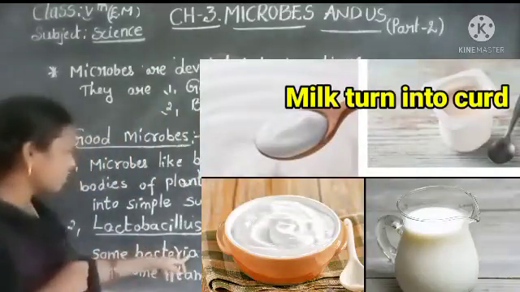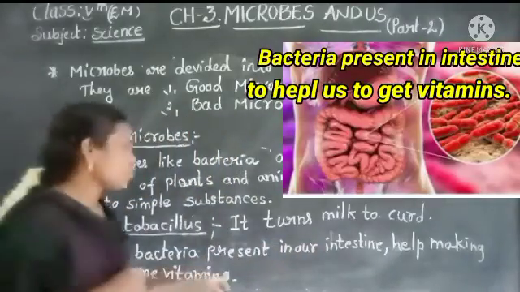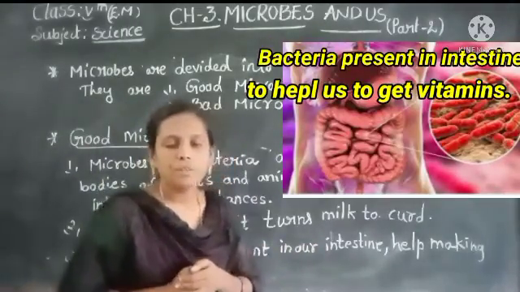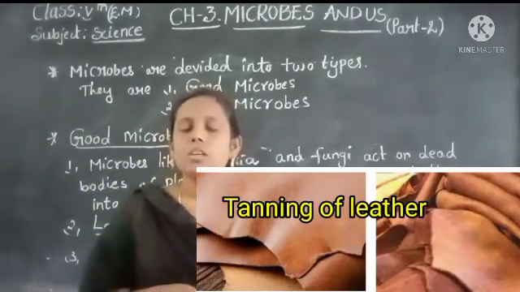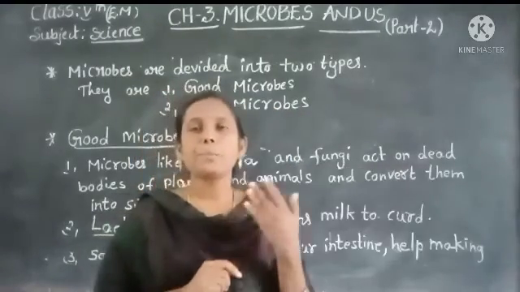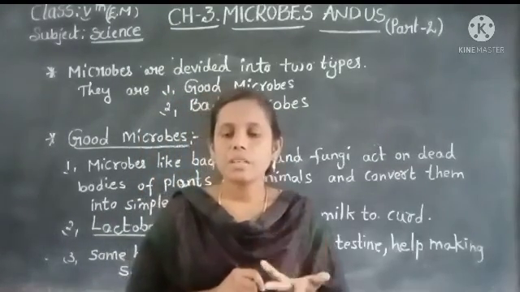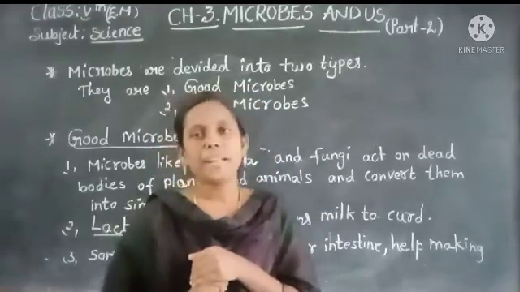Next one, some bacteria present in our intestine help in making vitamins. For example, bacteria are used in tanning of leather. Bacteria help in making some antibodies in our body. For example, penicillin.